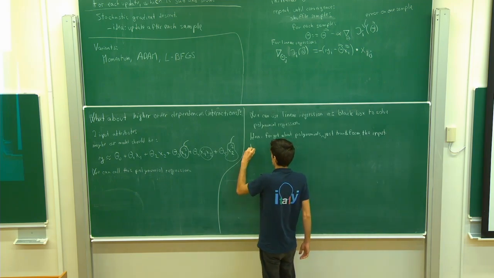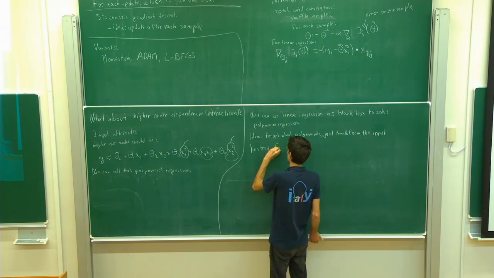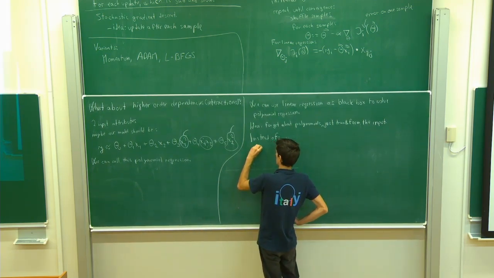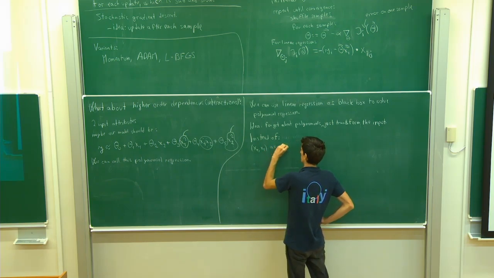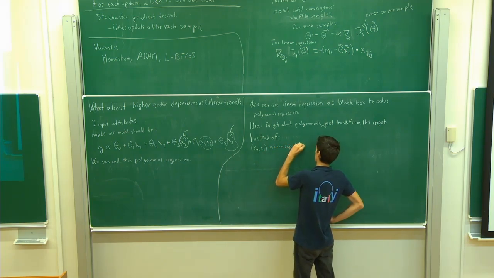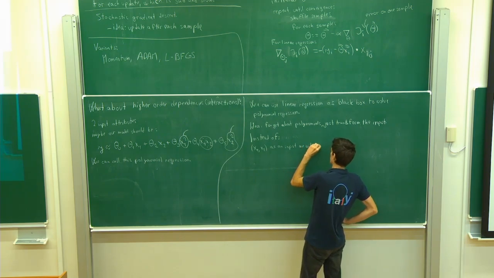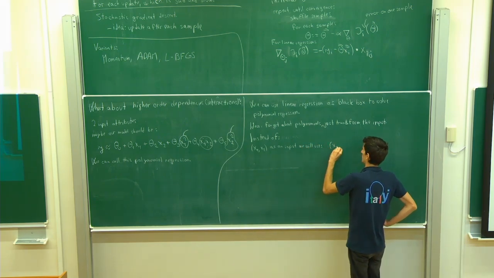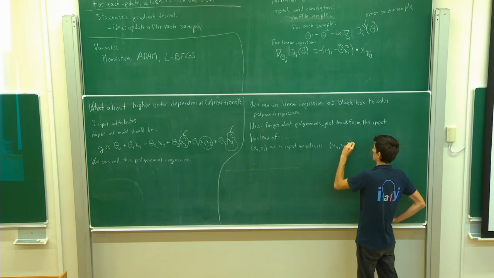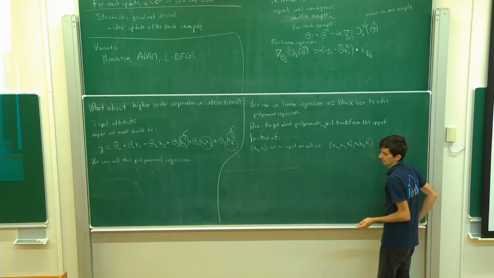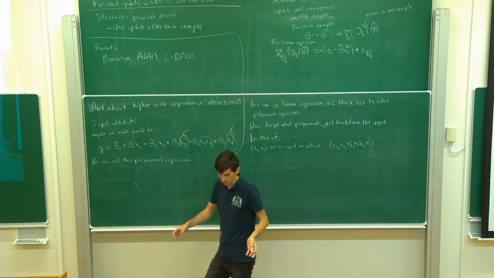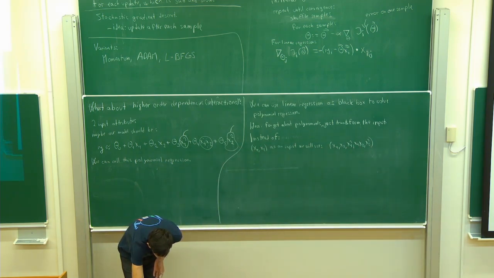Instead of x1, x2 as an input, we will use x1, x2, x1 squared, x1 times x2, and x2 squared. And then we'll do this transformation for every sample we have, and it will just work.